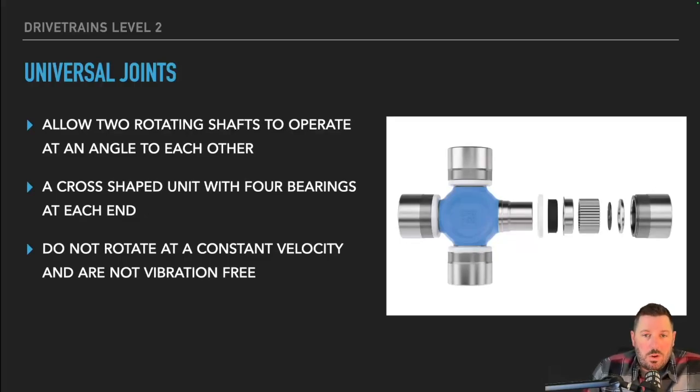You're going to have 4 bearings in cups with a cross section in the middle, and it can rotate. Again, it's not a constant velocity joint until everything's in phase, but they work very well. You probably have seen them in steering intermediate shafts, where you have a U-joint that allows it for rotating as well. And then when we get to the CV shafts, we'll talk about a couple other joints, and not the joints you're thinking of.